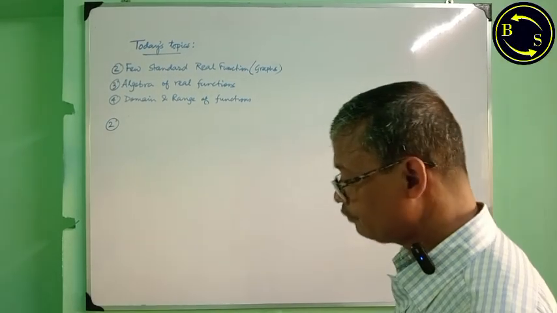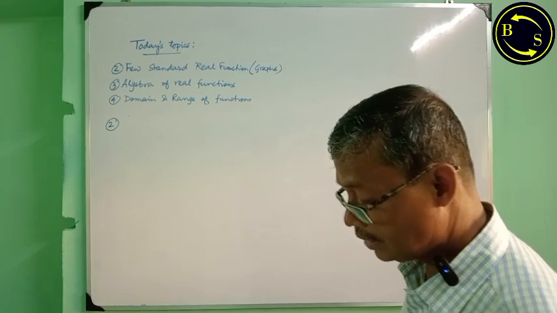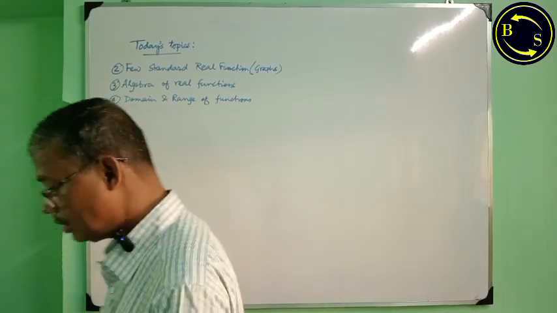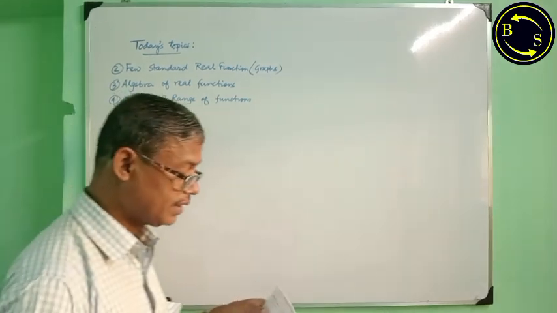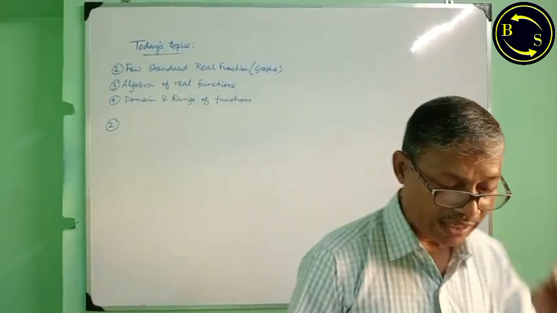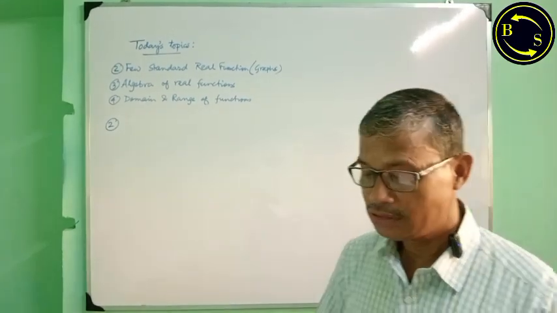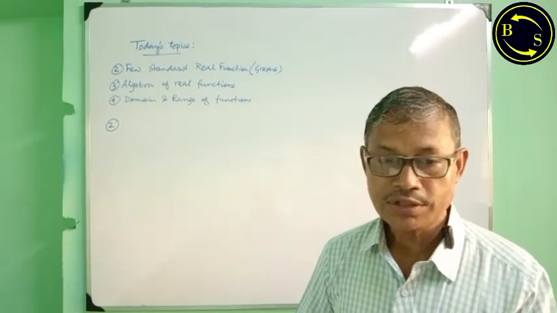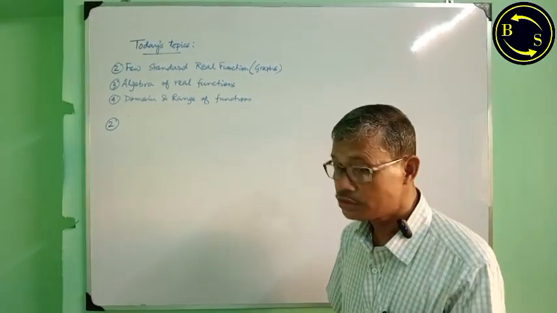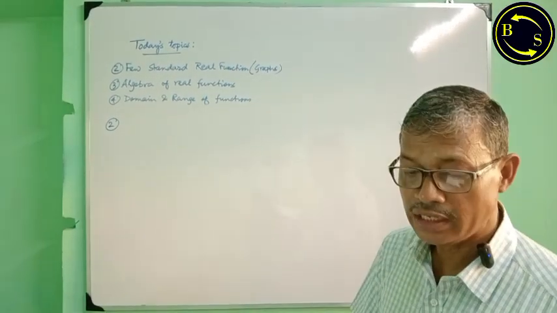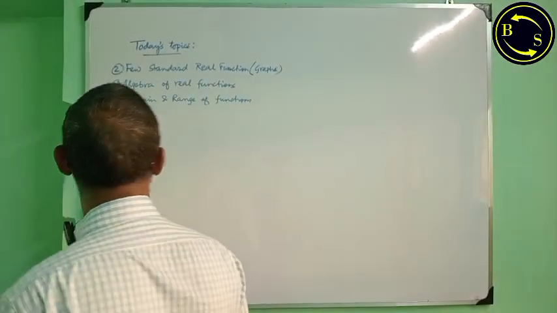Now I am going to discuss a few standard real functions already discussed in the earlier episode. If the domain and range for a given function are subsets of the set of reals, then we call those functions real valued functions, simply real functions.